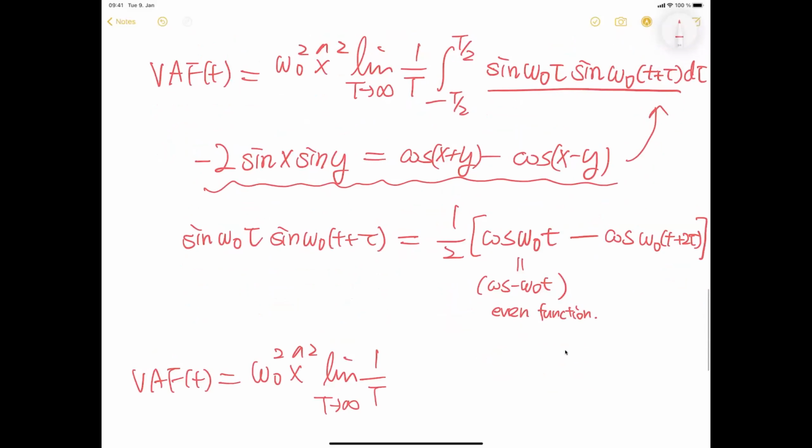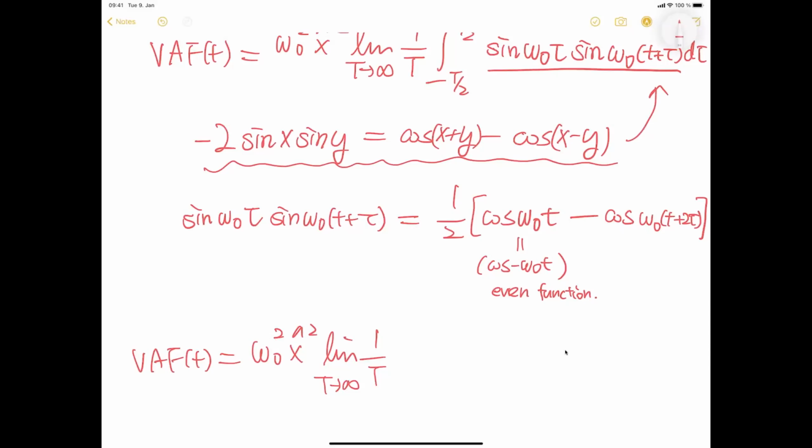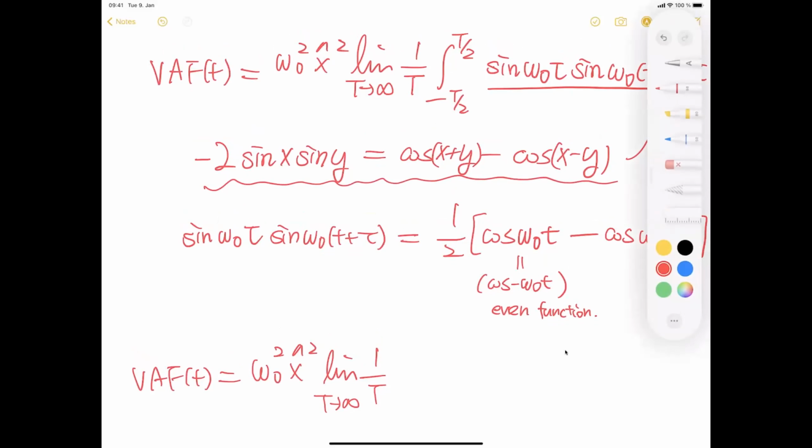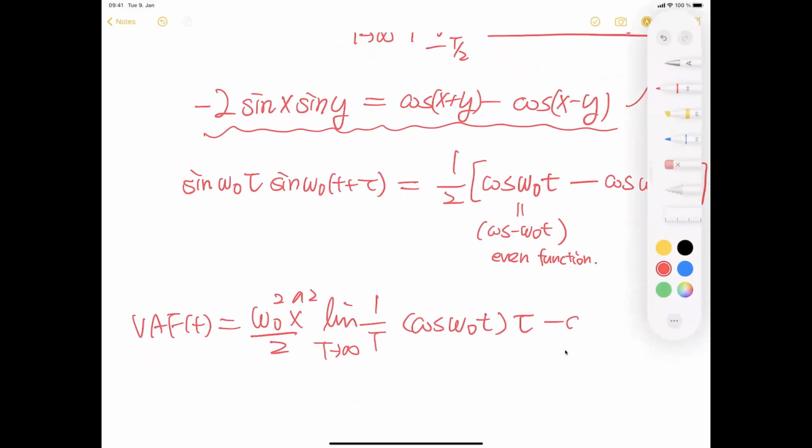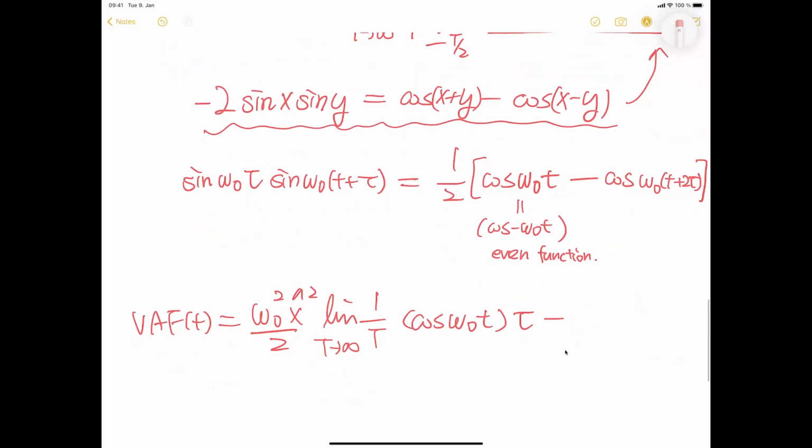So we integrate, then the first term is not depending on tau. So this will give you tau, right? And we can put this 1/2 to here. So we have cosine omega t times tau minus, but now the second cosine is depending on tau.